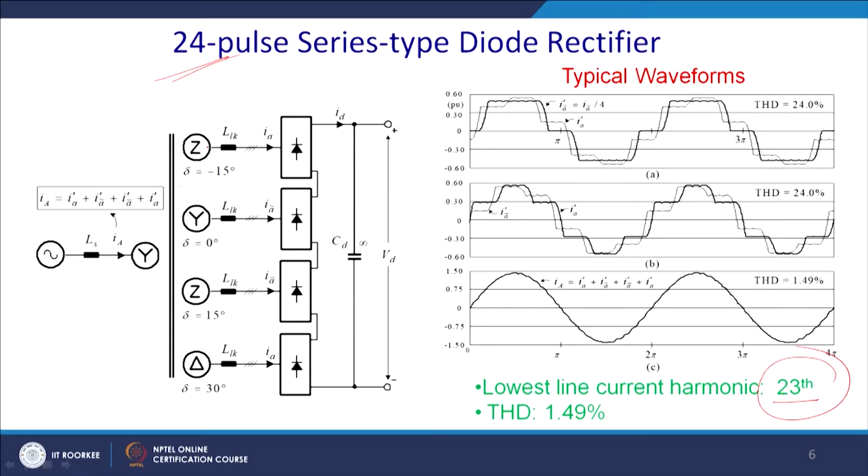Now, in this case, since it is a 24 pulse converter, you will have 4 such converters connected in series, and ultimately you get a huge DC bus voltage. You can feed it to the multi-level inverter, and that is quite a requirement for high power applications, so this kind of topology fits well.